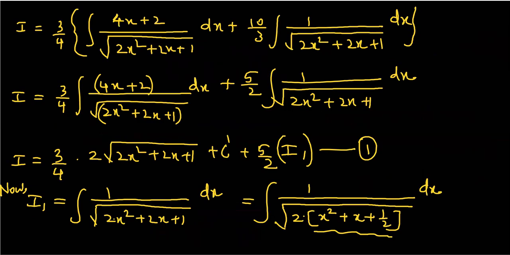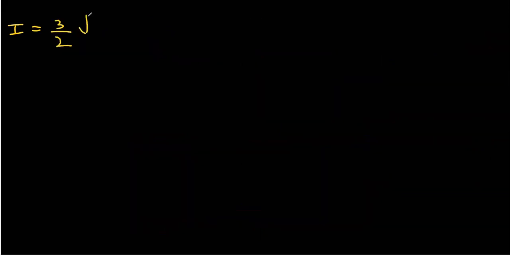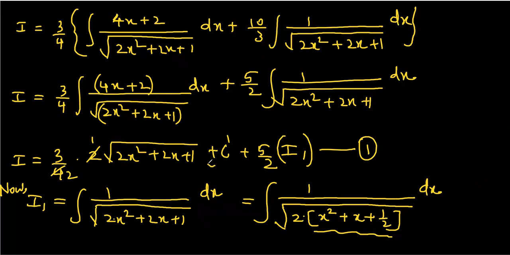You get I equals to, this can be simplified, 3 by 2 times square root of 2x square plus 2x plus 1, and then plus c dash. Ignore that c dash. We will adjust that c dash with the c1, and we will write another integration constant, that is c. So for the time being, just ignore that c dash.